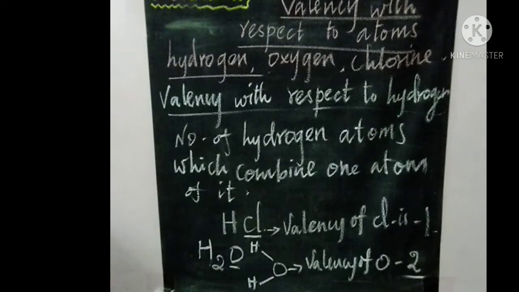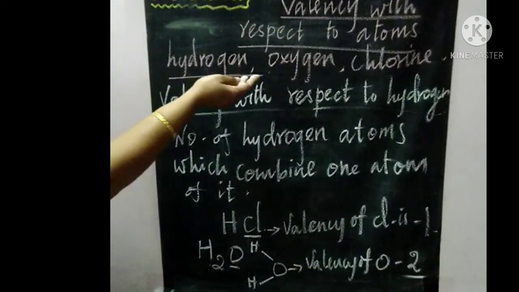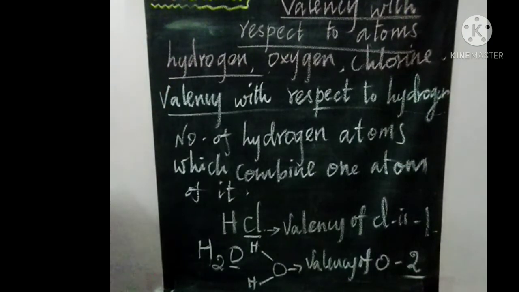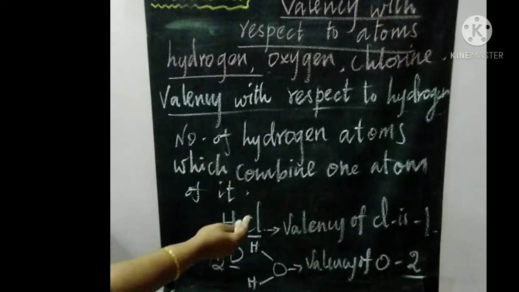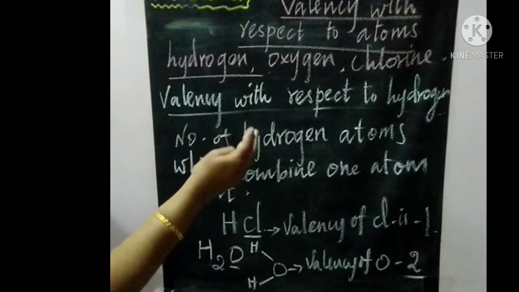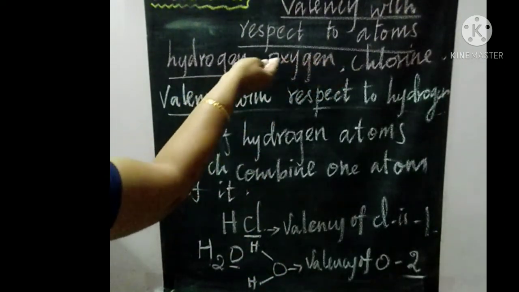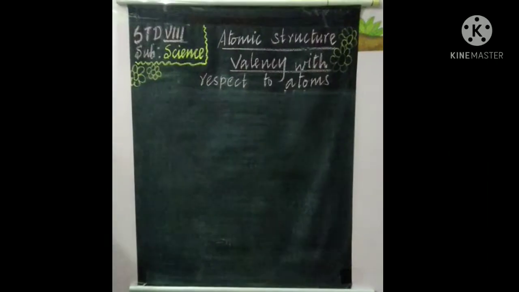Some of the elements do not combine with hydrogen. The valency of those elements is also defined in terms of other elements like oxygen and chlorine, because almost all elements combine with chlorine and oxygen. So we can consider the valency of all metals or other elements with respect to any one of these elements.